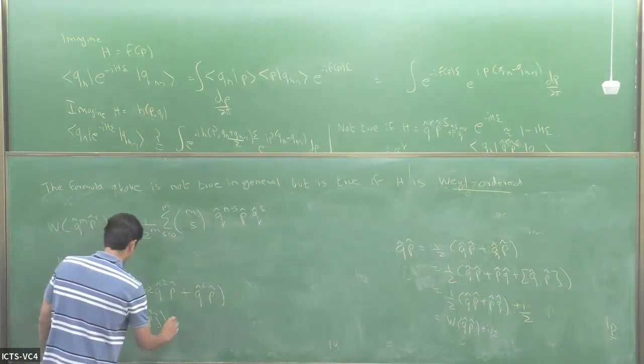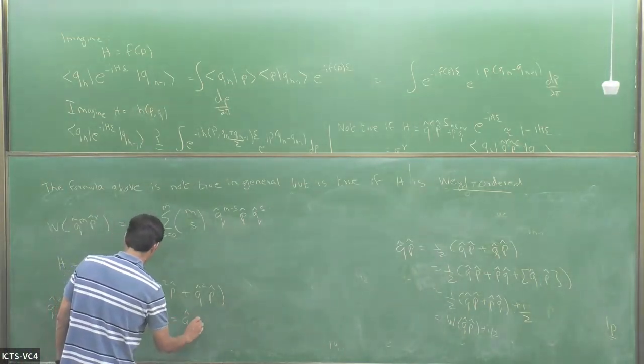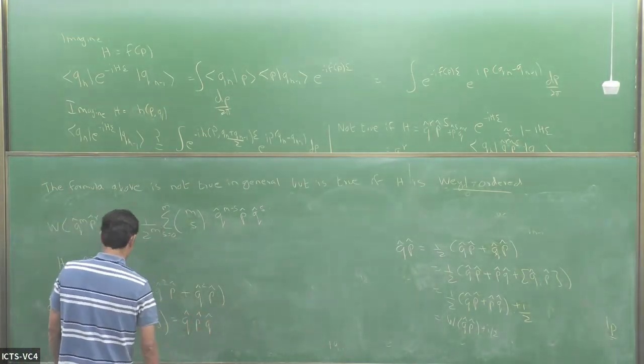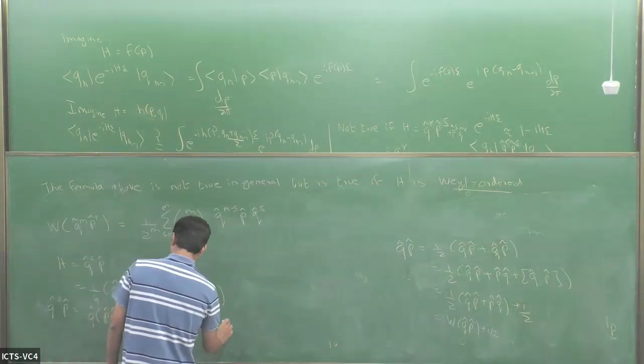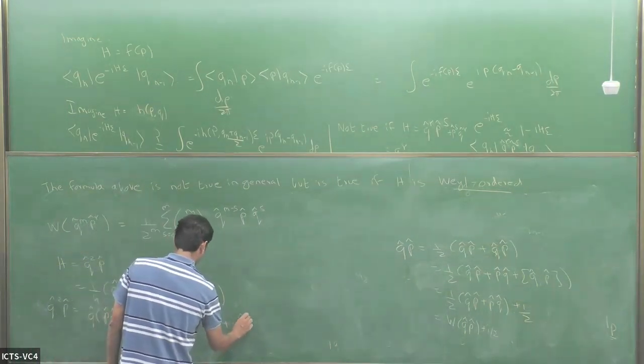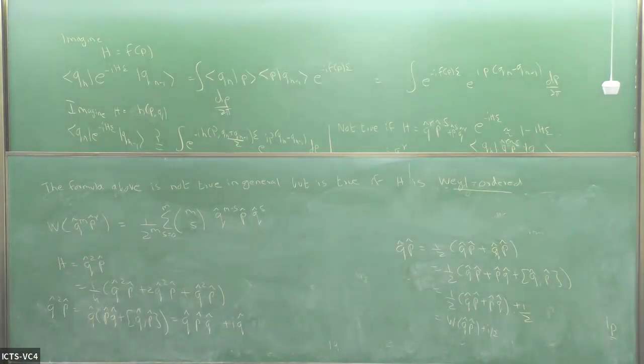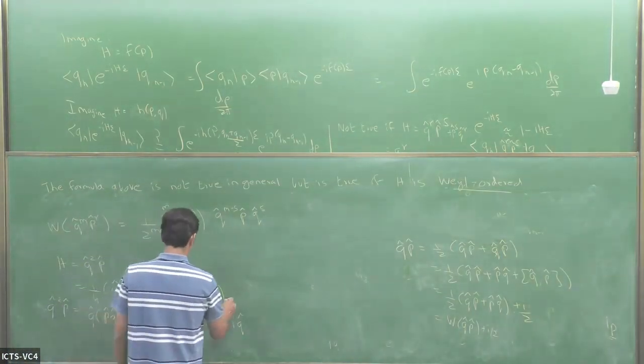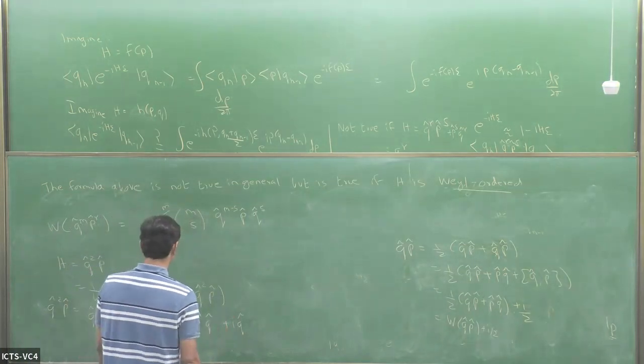And then this becomes q hat p hat q hat plus i q hat.